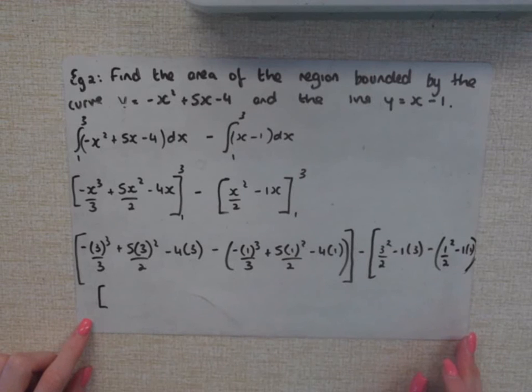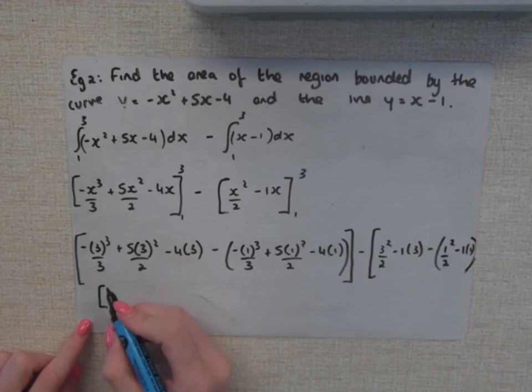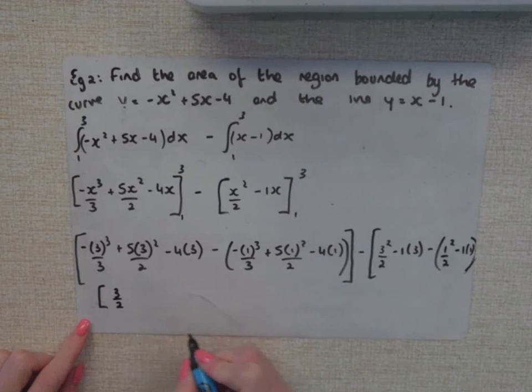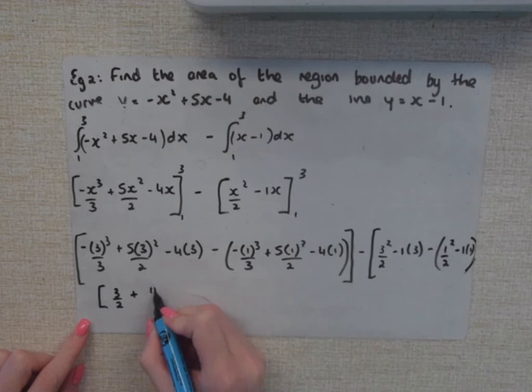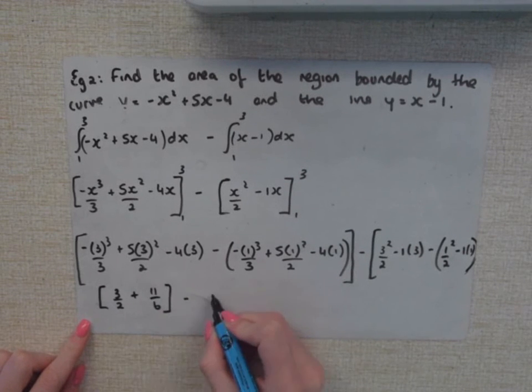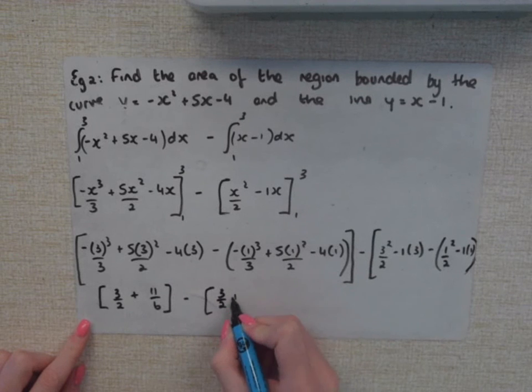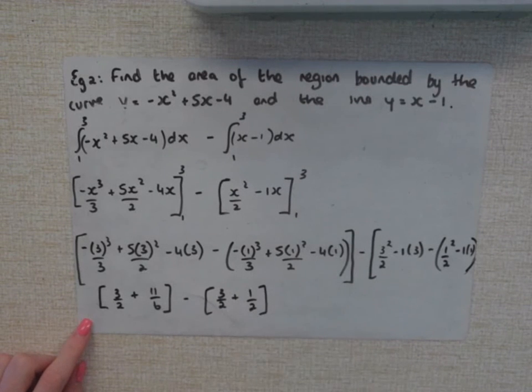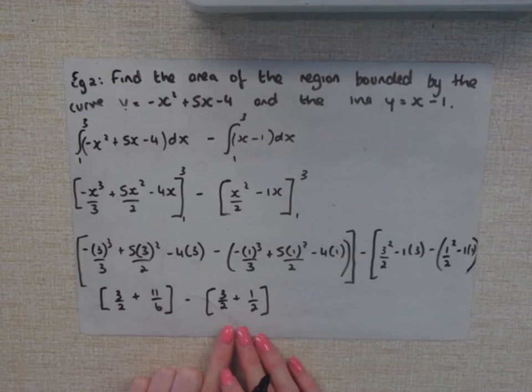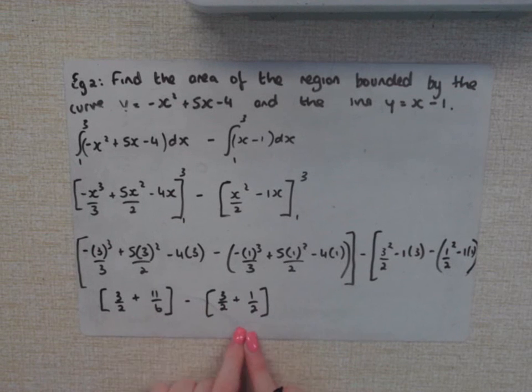You following what I'm doing here? You're all right? Okay. So this bit here is 3 over 2. Just throwing it into the calculator. Now, it's really important, in this scenario it didn't happen, but when you're finding the area, you get an answer for this area, and you get an answer for this area.